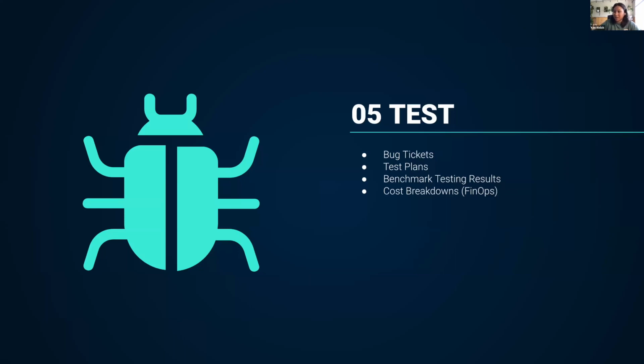That's really important to us because we want to make sure that we are able to price accordingly for customers. So that's beneficial for both sides. So benchmark testing is not only benchmarking for user capacity and load, but also for price benchmarking.